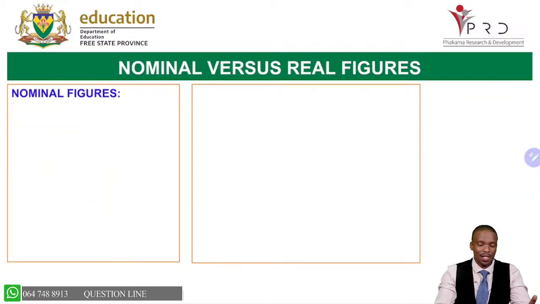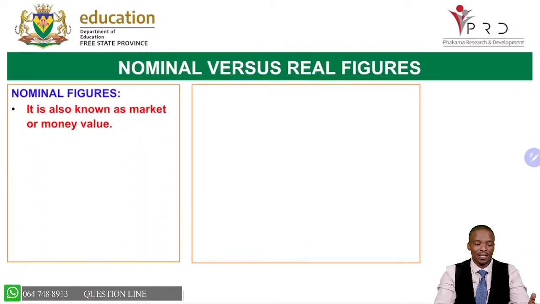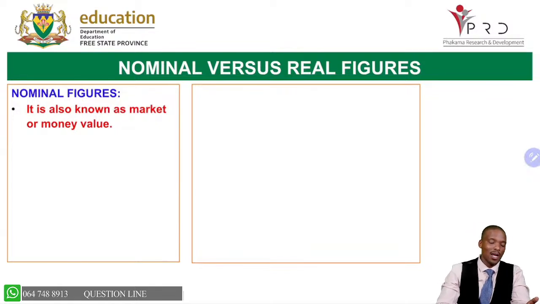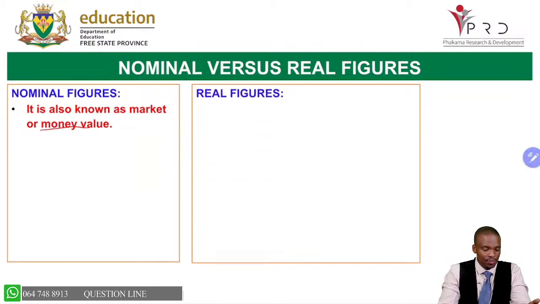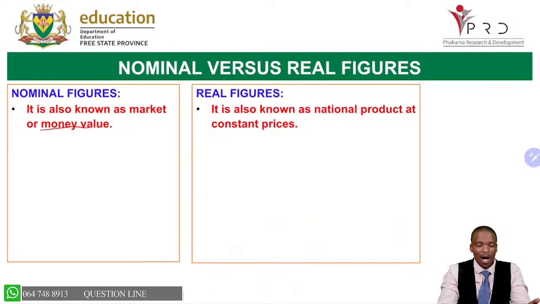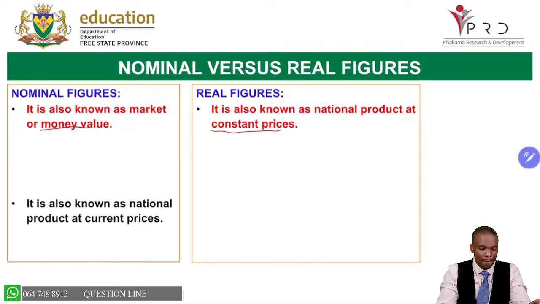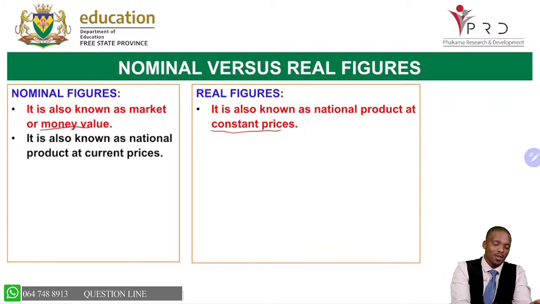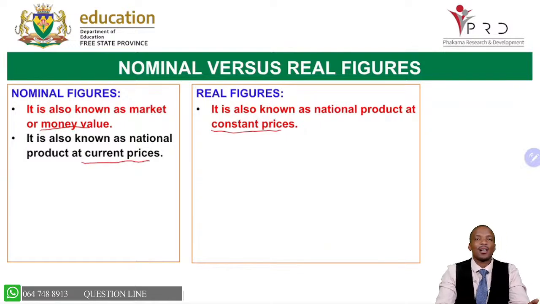The nominal values as well as the real values. Nominal values or figures are also known as the money value, while the real values are also known as the national product at constant prices. Okay, on the other side, we say these ones are the current prices.